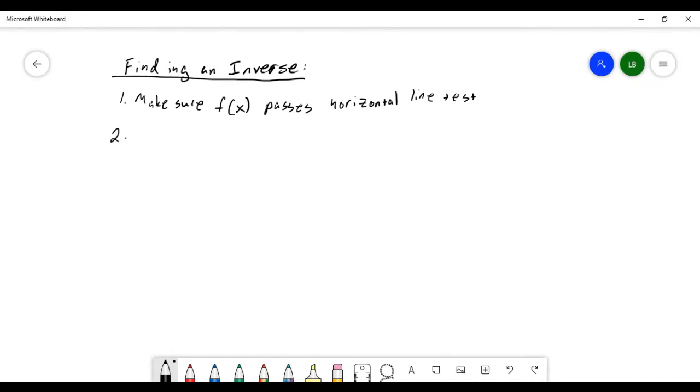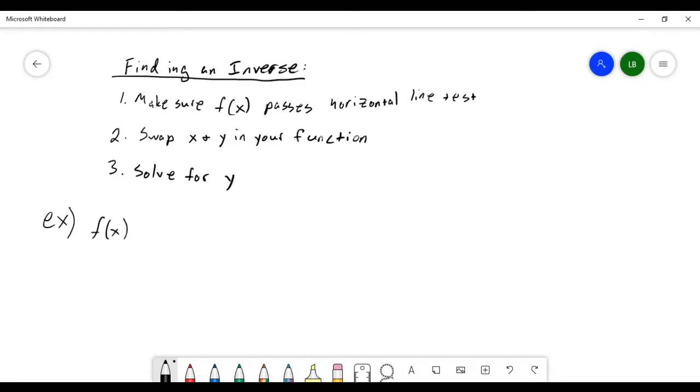The second step is to swap x and y in your function. And then lastly, you need to solve for y. Let's go ahead and do an example just to illustrate these three steps.